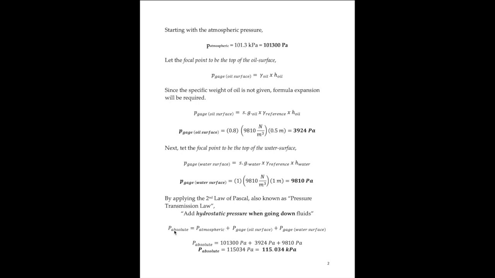The final formula for the absolute pressure, given on the screen, is the atmospheric pressure plus the gauge pressure due to the oil surface plus the gauge pressure due to the water surface, which were solved prior to getting this final formula.